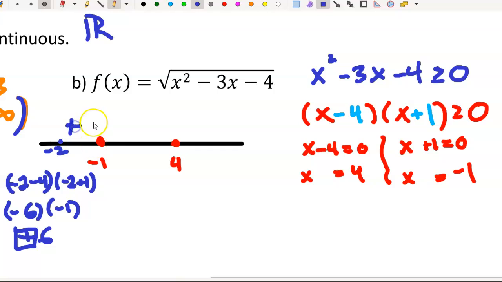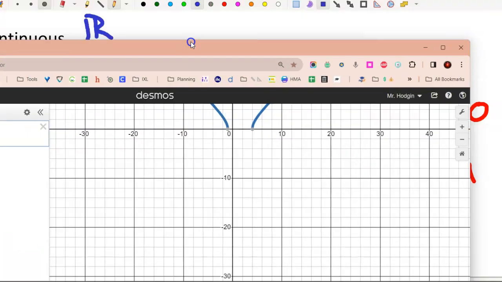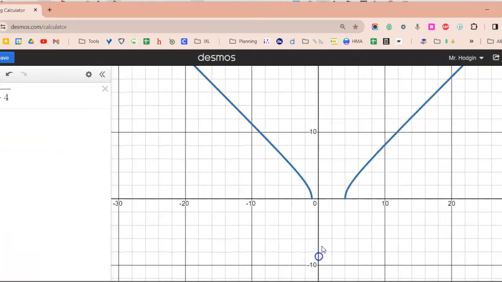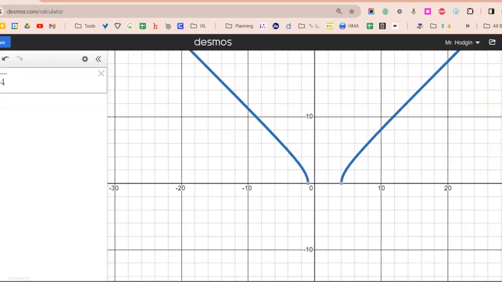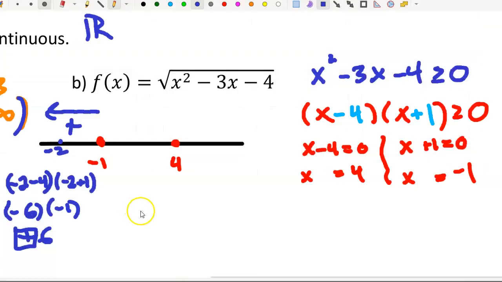So that's how I know starting at -1 and everything to the left is actually part of the function. So I just proved by plugging something in, yes, it does start here and the graph continues this way. This isn't a place where we're getting negative answers. So I can confirm that without the actual use of the graph. So far, because of that, I know my x can be less than or equal to -1.